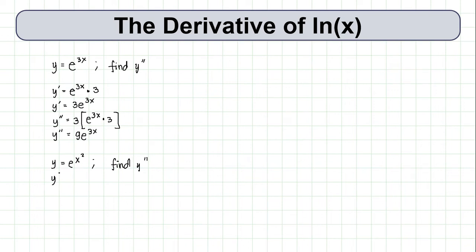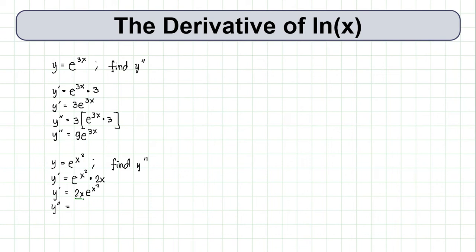So, let's find y prime muna. So, we have e to the x squared times derivative ng x squared which is 2x. Simplify muna natin para maganda tignan. We have 2x e to the x squared. Now, let's try to get the derivative nito. No, dahil y double prime na yan, gagamit tayo ng product rule.